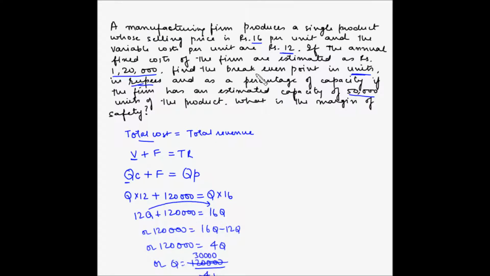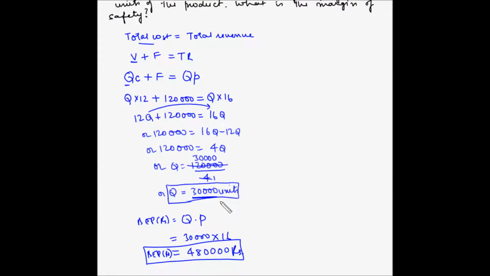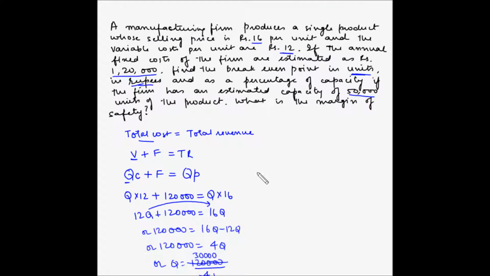Next, we have to find out the break-even point as a percentage of capacity, if the firm has an estimated capacity of 50,000 units of the product. So what this means is that every firm will have a certain capacity to produce the material, and this firm has a capacity to produce 50,000 units. So we have to find out what percentage of the capacity is the break-even point. So that means we have to find out what percentage of 50,000 is 30,000.